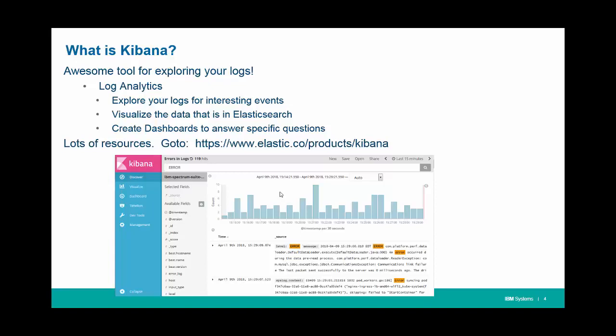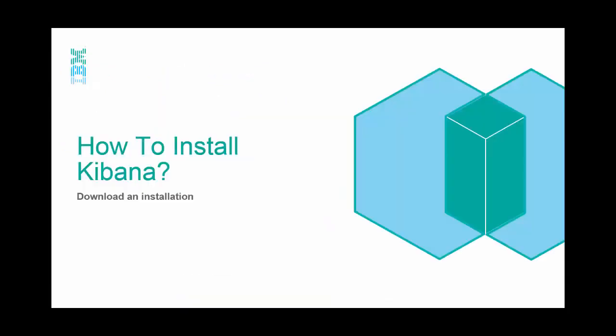I'd really recommend you go and take a look at some of the things that other people have done with it. This really is like a go-to tool for visualizing your logs and being able to sort and find interesting information in your logs. So it's very worthwhile to install this and at least play with it to see what you can make it do. So how do I install Kibana?